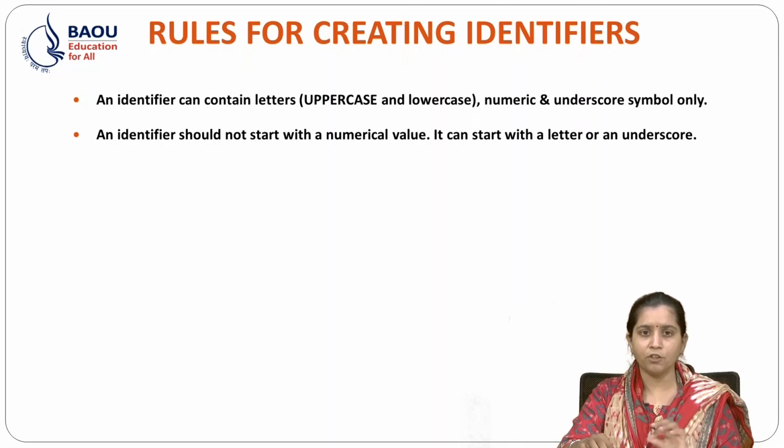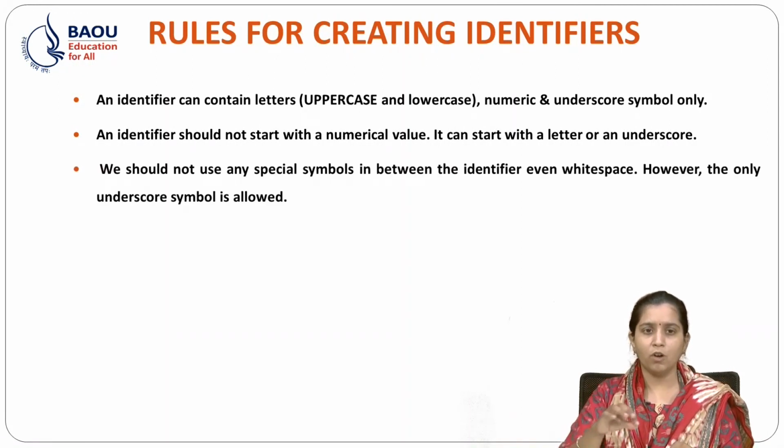An identifier should not start with a numerical value. It can always start with a letter or an underscore. We should not use any special symbols in between the identifier, not even white space. However, the underscore symbol is allowed.